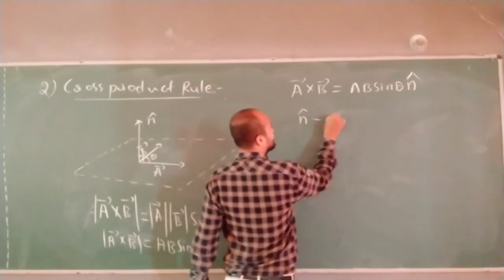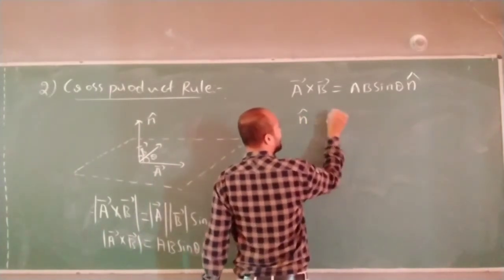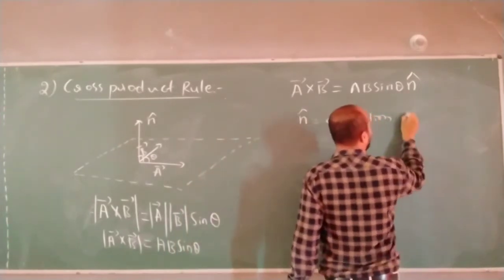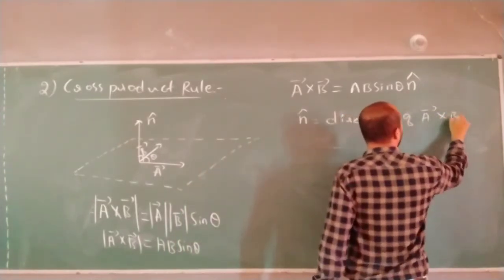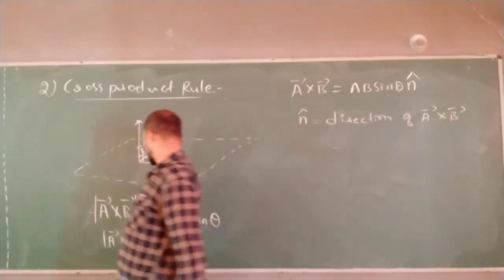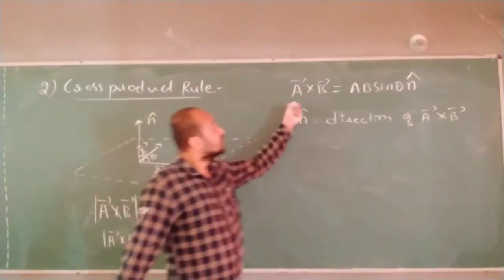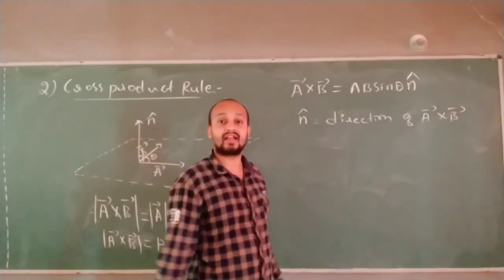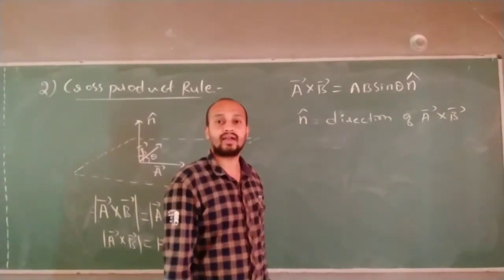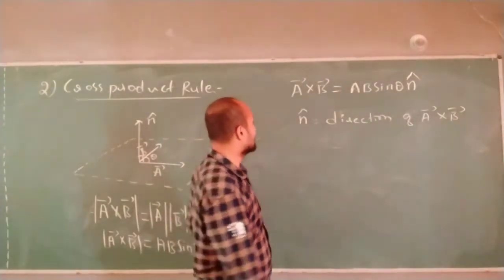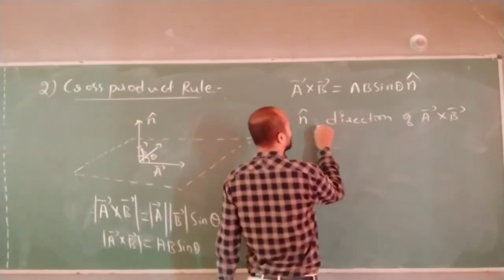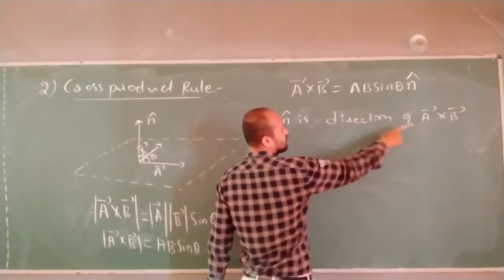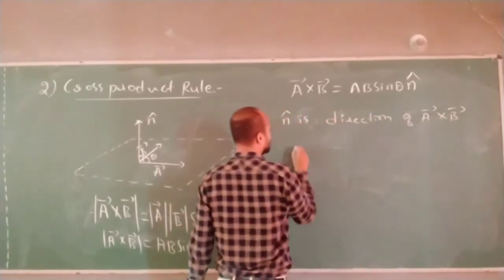The cross product of two vectors gives a final quantity that is a vector quantity. So the direction of n cap is the direction of vector A cross B.